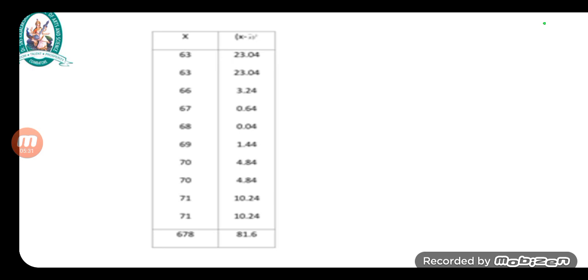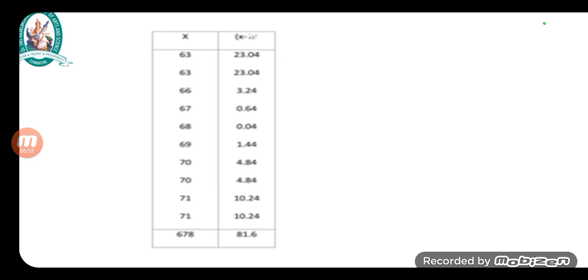Next 63, its deviation value is 23.04. 66 is 3.24. 67, the square of deviation is 0.64. 68 is 0.04. 69 is 1.44. 70 is 4.84, and again 70 is 4.84. 71 is 10.24, and again 71 is 10.24.